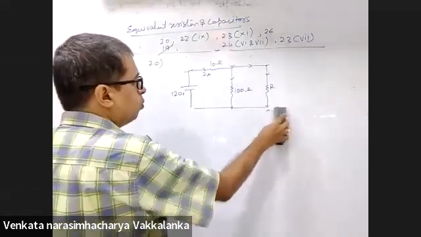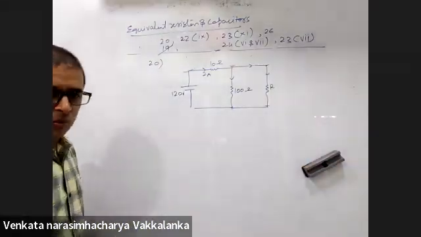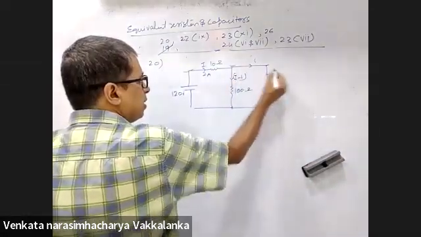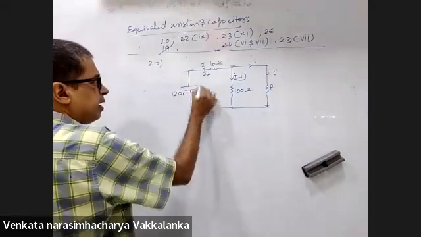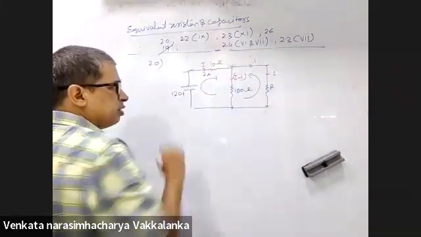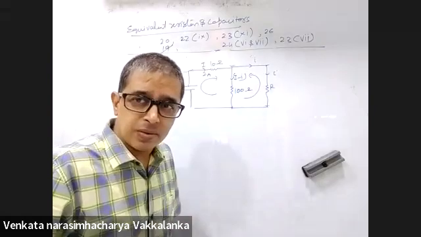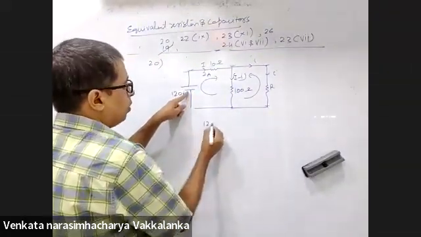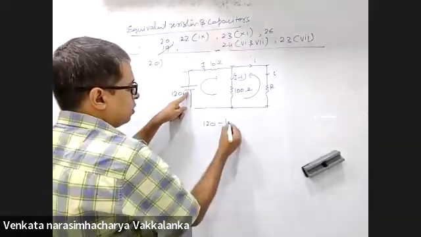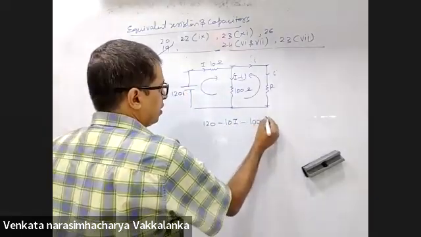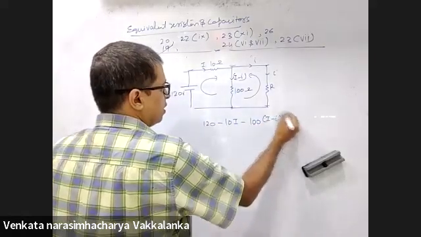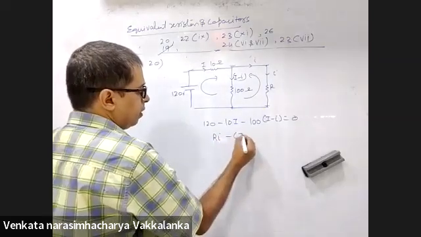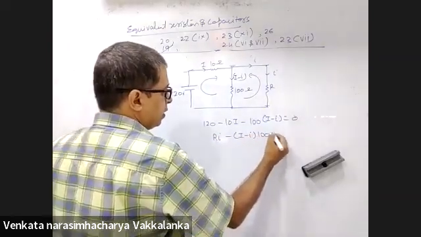Suppose I don't want to apply nodal analysis. I'm okay with it. Use capital I here, small I. This will be capital I minus small I. Apply KVL to this loop, apply KVL to this loop. You'll have two equations: 120 minus 10I minus 100 I minus i is 0. Opposite to the direction of current, R into i minus I minus i into 100 is 0.